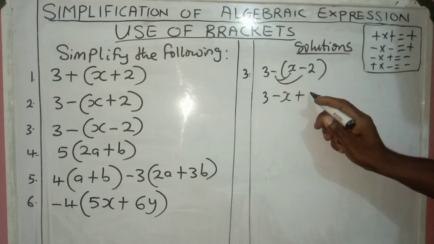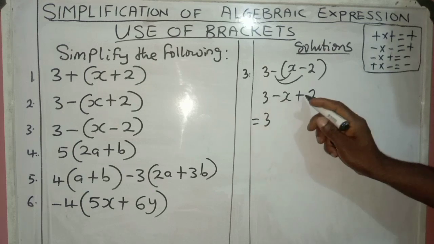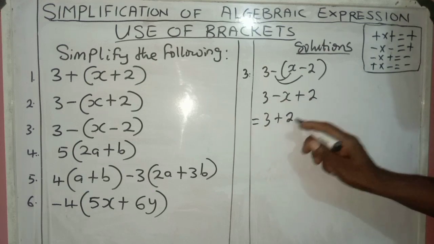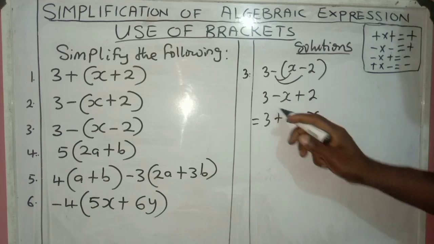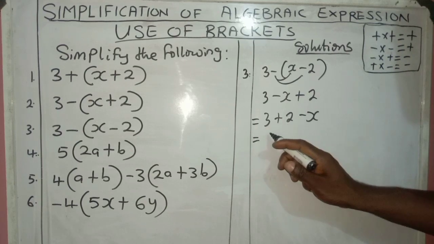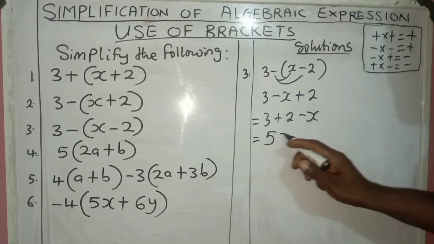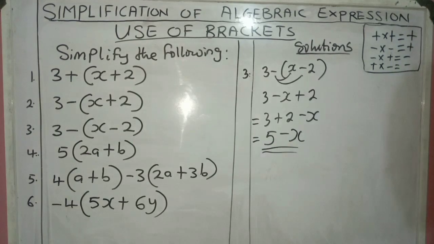So that will now be plus what? 2. To collect like terms, that will now be 3, as we have it here, plus 2 minus x. Remember, every number you move, you move it with its sign. So 3 plus 2 will give us what? 5. The answer will be 5 minus x. So that is the answer to this particular one.